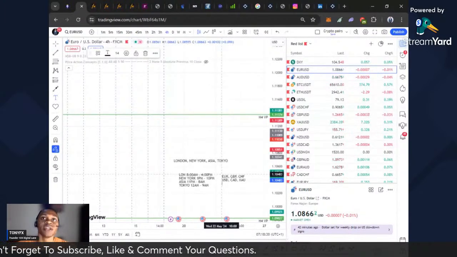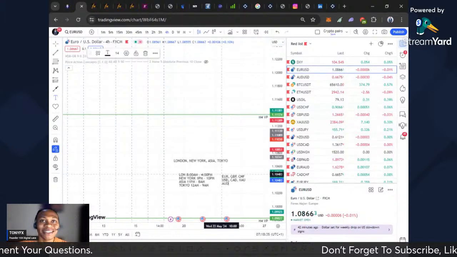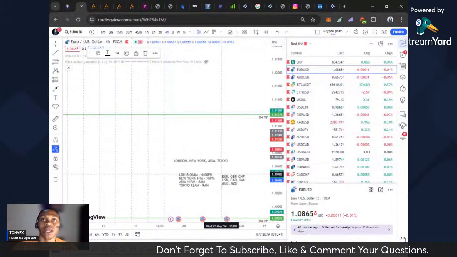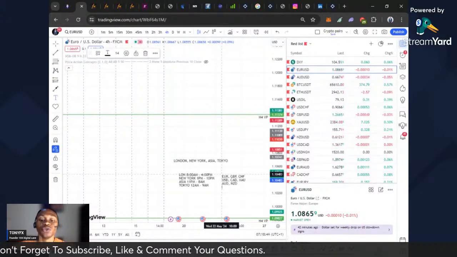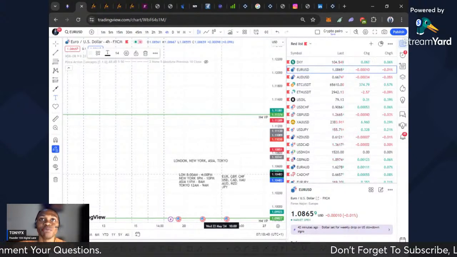Then during Asian session or Sydney session, you need to focus on Australian dollar and New Zealand dollar. Then during Tokyo session, you need to focus on Japanese yen, JPY. Good.